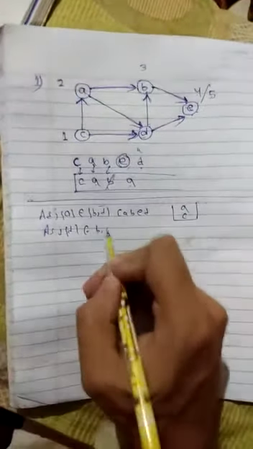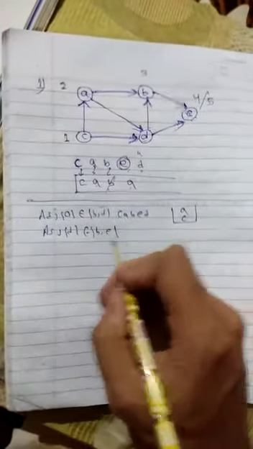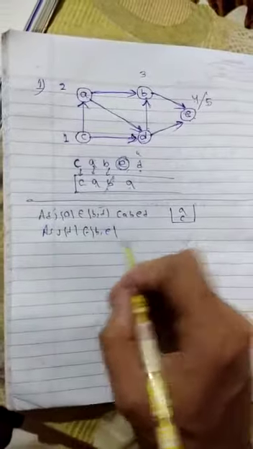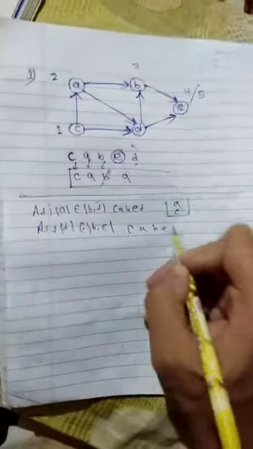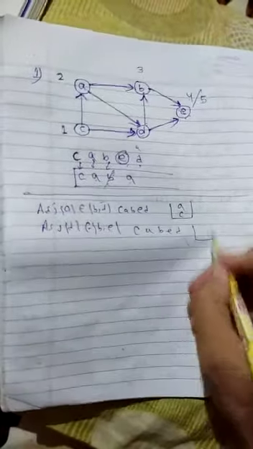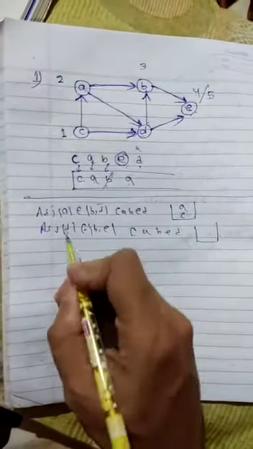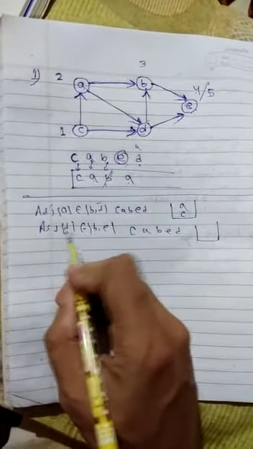B and E. Okay, these are all visited. So the sequence is C, A, B, E, D. No need to add anything, and the stack also needs no addition because no new edges will be explored.